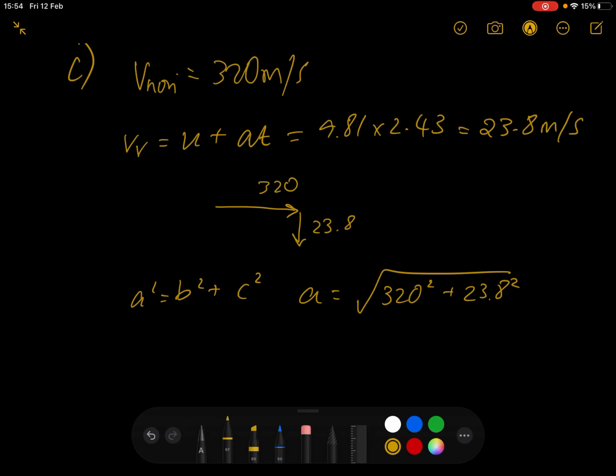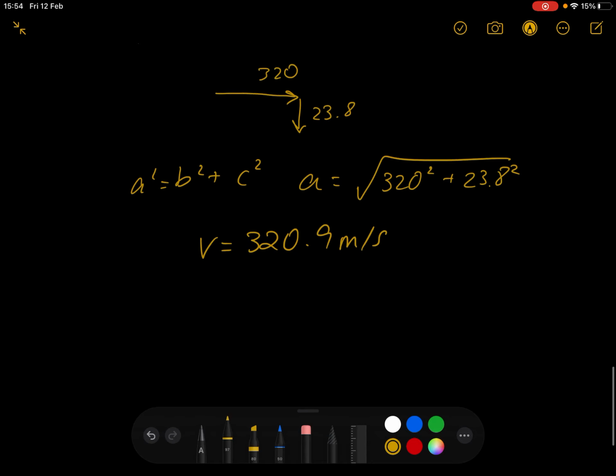Well, I make that 320.8. Sorry, 320.9 meters per second. So V equals 320.9 meters per second. And again, it's going to have a teeny tiny angle there.